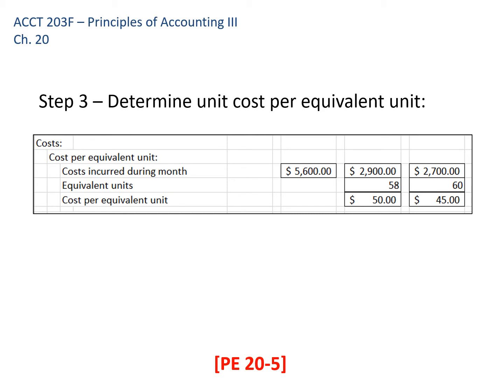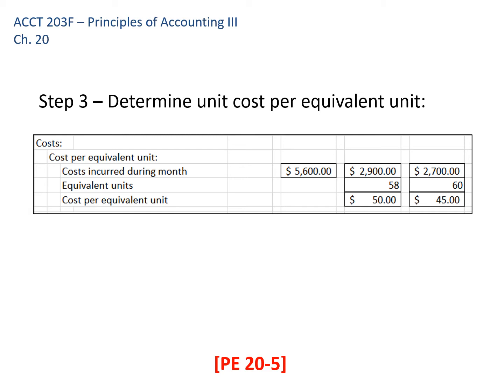That works out to $50 per equivalent unit. For conversion cost, I incurred $2,700 and I had 60 equivalent units of production for $45 each. So that's step 3.